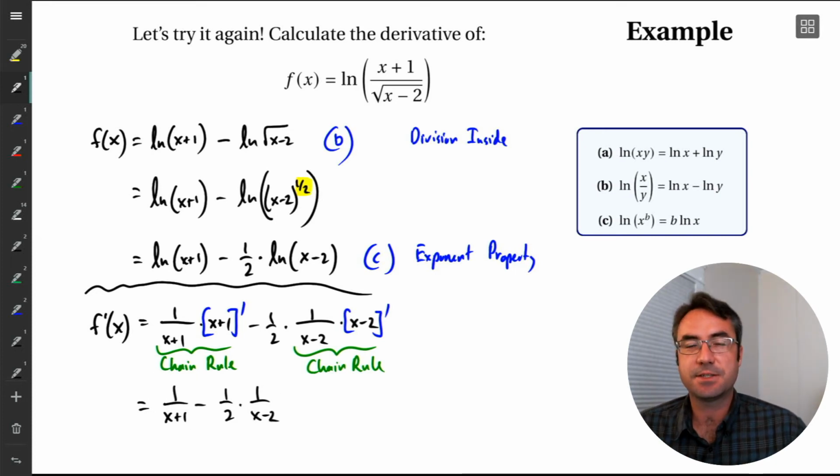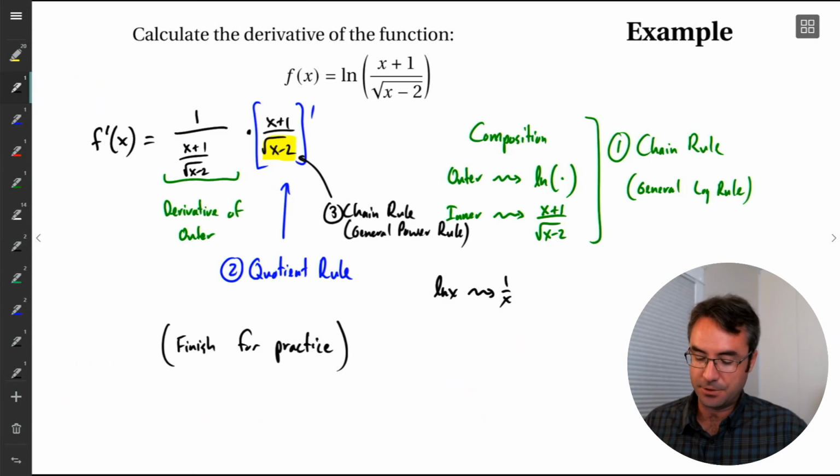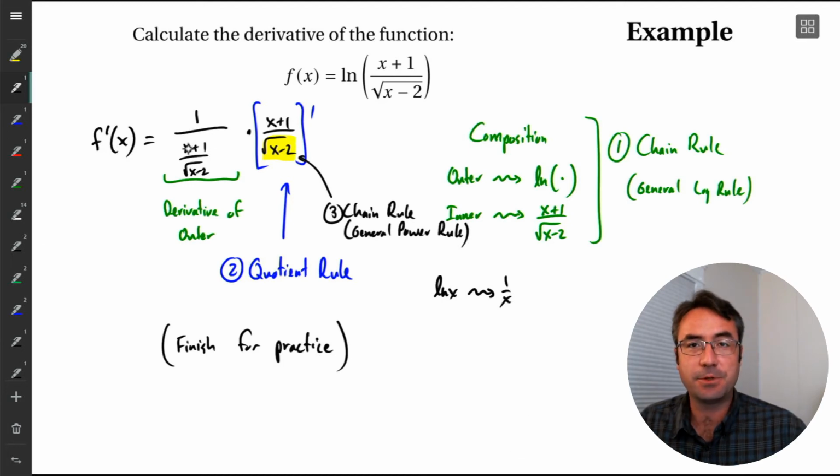So that's quite a bit easier. The differentiation process here is quite a bit easier as compared to what we were trying before. So let's go back to what we were looking at before. We were going to start with the chain rule. Then we were going to have to do a quotient rule to differentiate through the fraction.